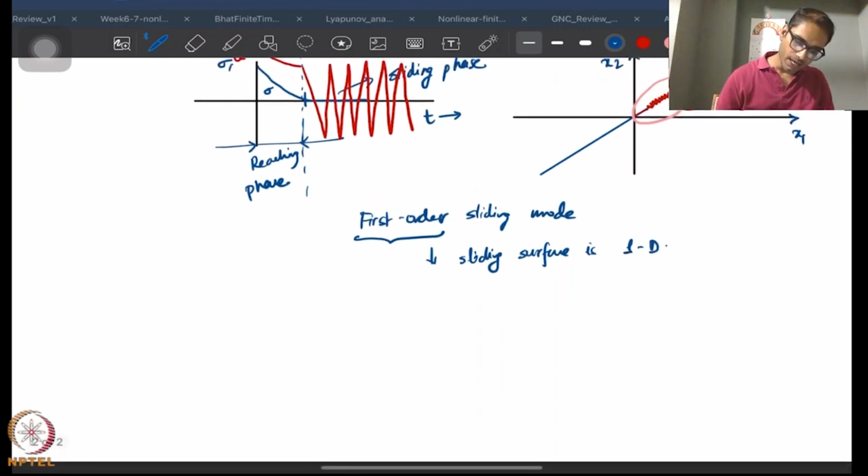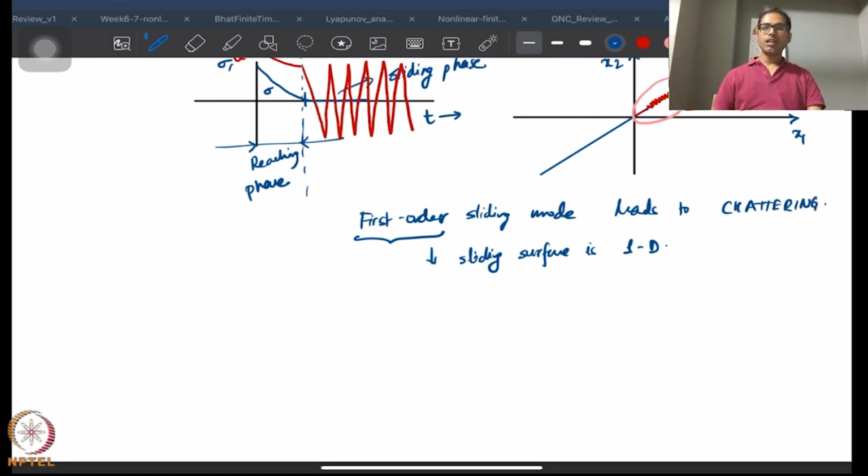First order sliding mode leads to chattering. Though there is disturbance rejection and a lot of these nice properties, this is not considered a particularly nice property to have. So what we want to look at is what one can do about avoiding the chattering phenomenon, and that's what we will look at in the subsequent lecture.